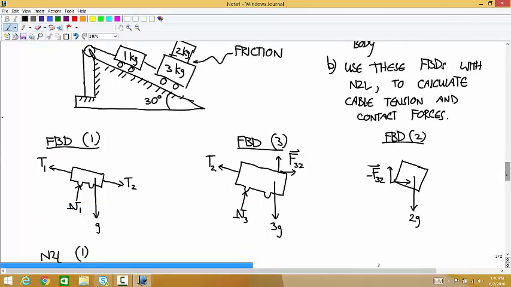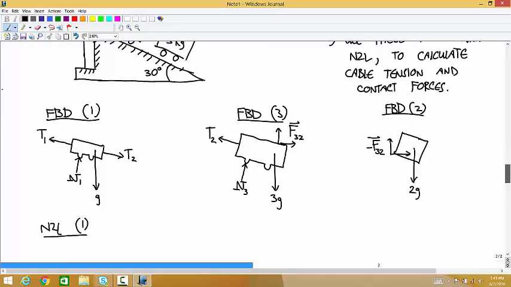All right. So on body 1, we can represent this force as T1 times the cosine and sine of some angle. So what's the angle for this one? It's 150 because this angle is 30.